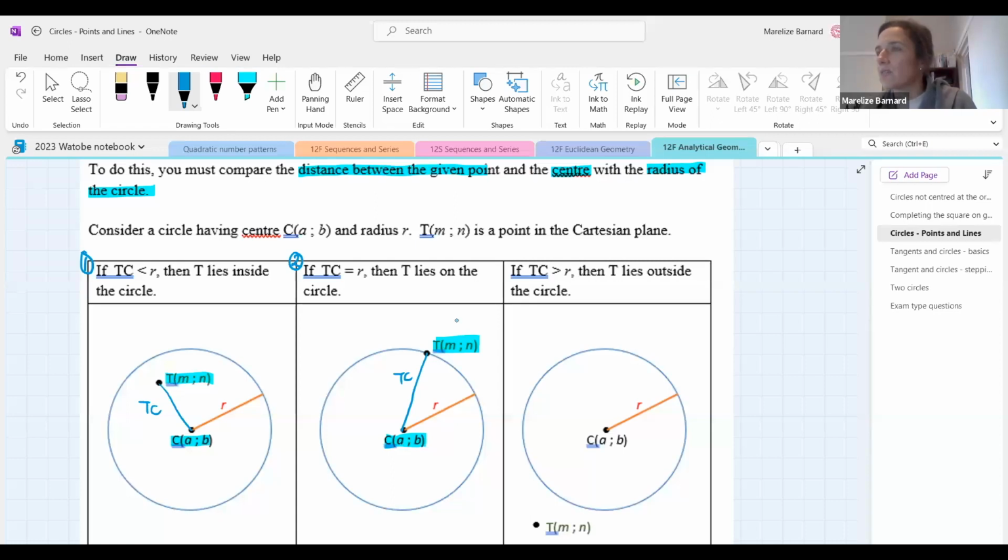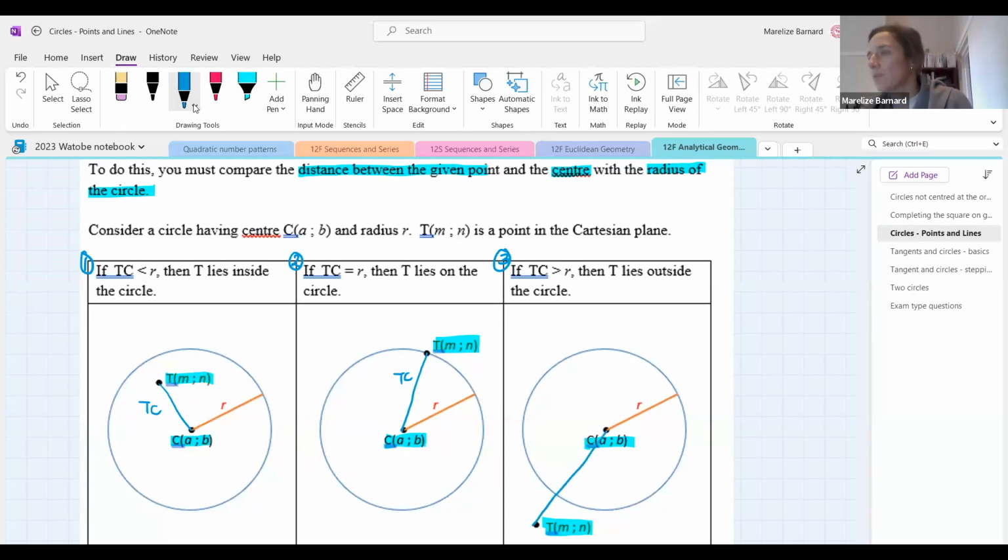And then our third scenario is that TC is bigger than R. So it's longer. The distance from our center to our point T, this point on the outside, is further than what the radius is.